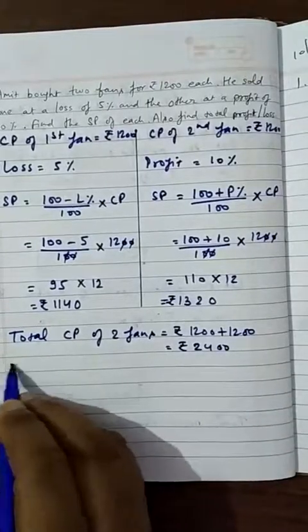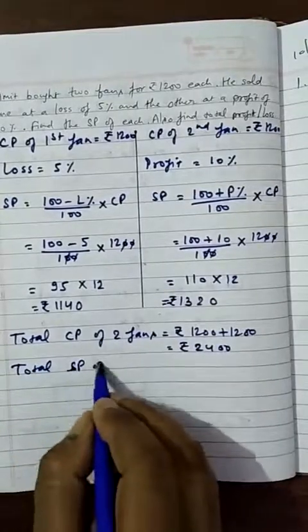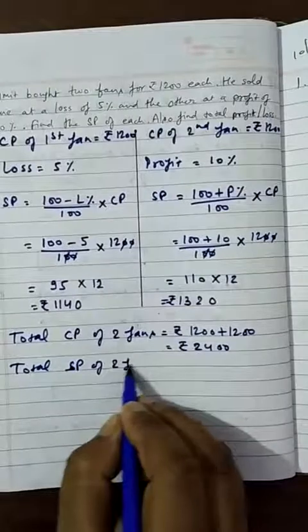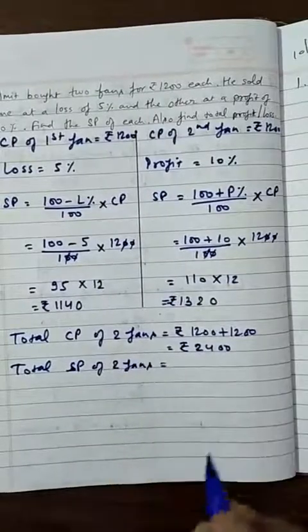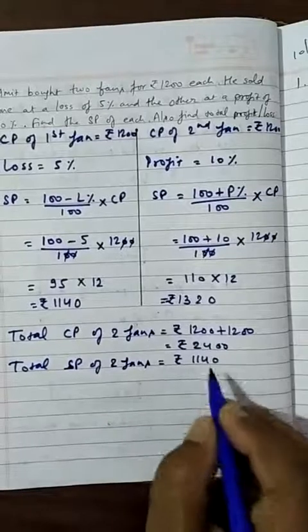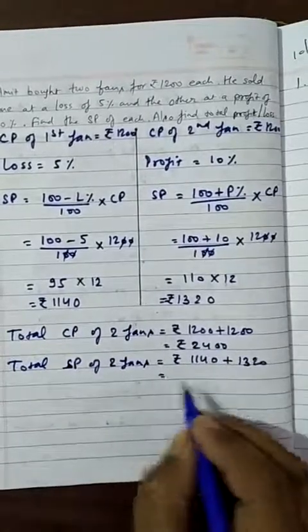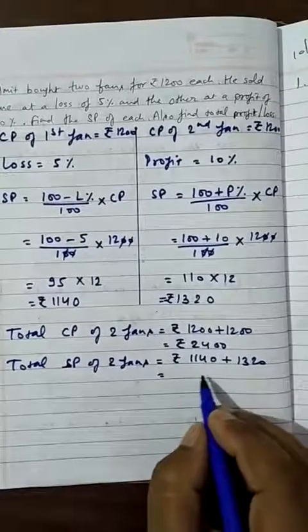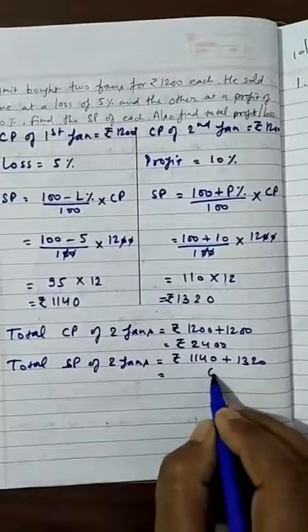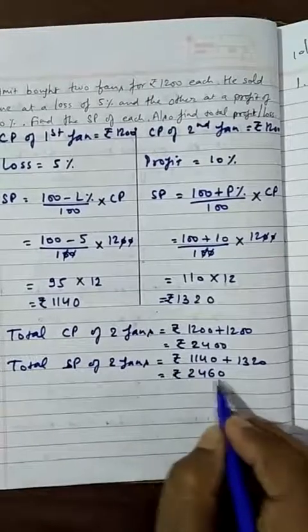Now total selling price of two fans is equal to 1140 plus 1320. On adding these two, we get 2460.